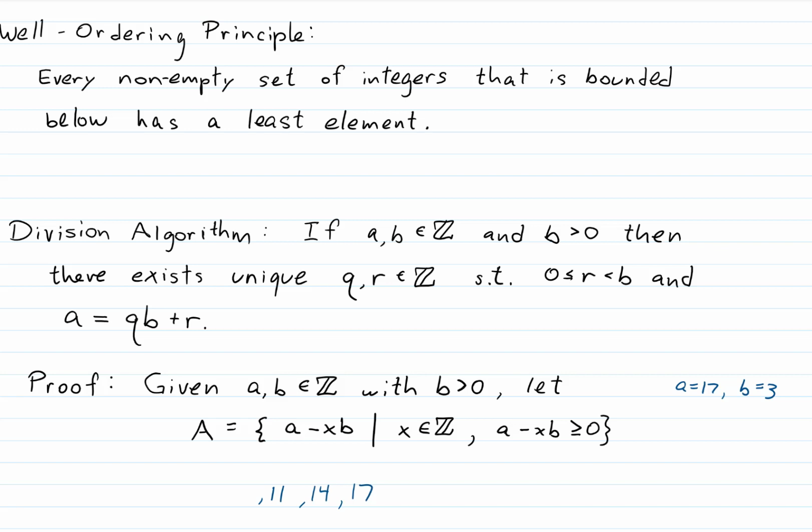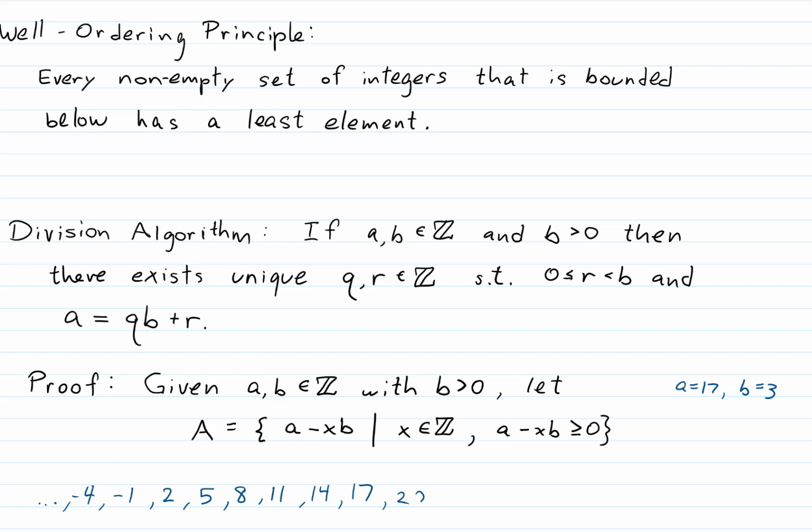Okay, so if I subtract multiples of 3, I'll get 14, 11, 8, 5, 2, -1, -4, and so on. Okay, now if x is a negative integer, then a minus xb will be adding multiples of 3.